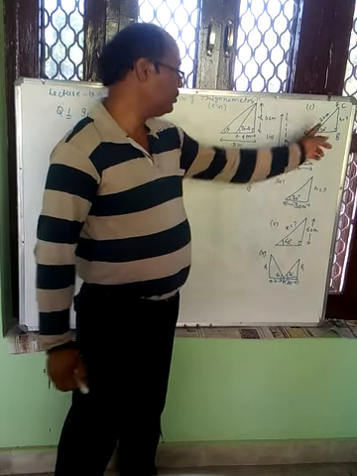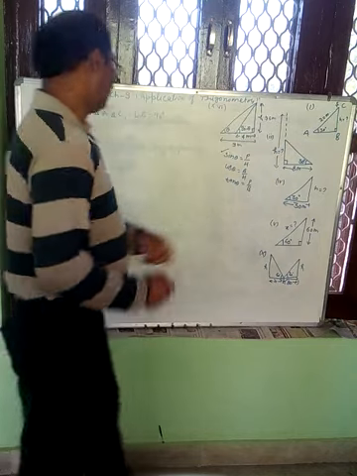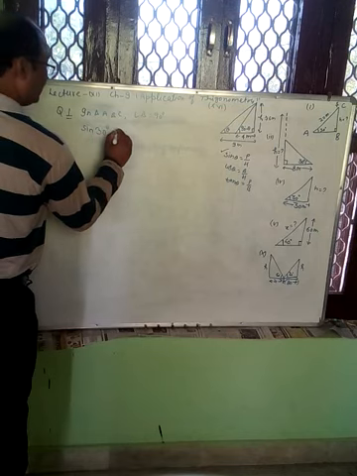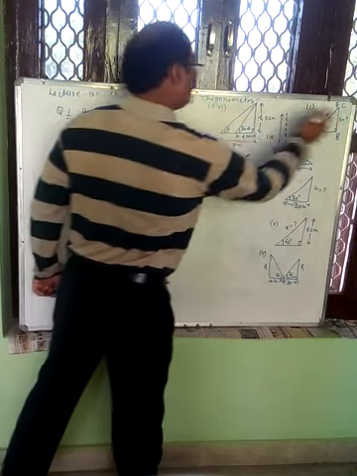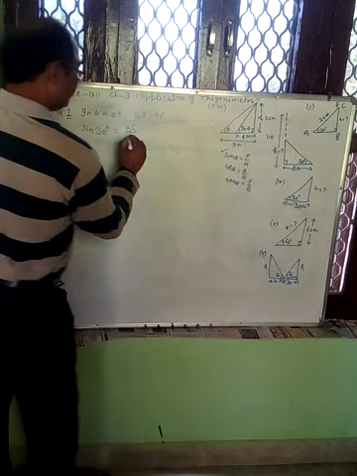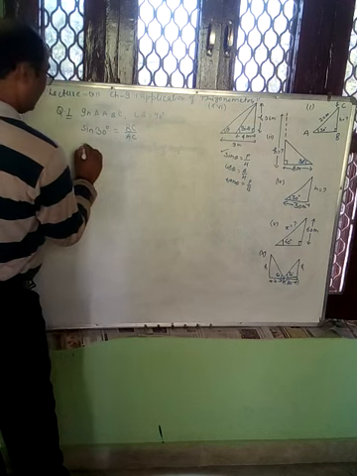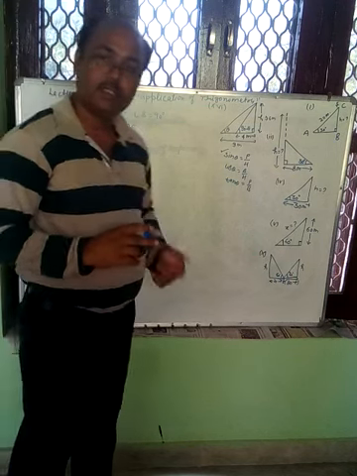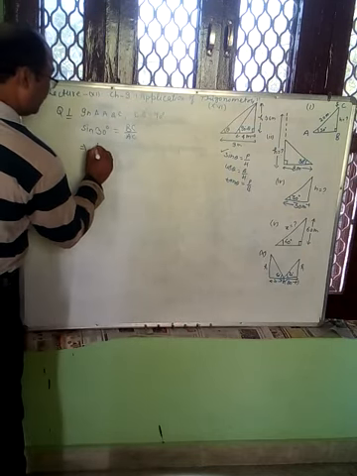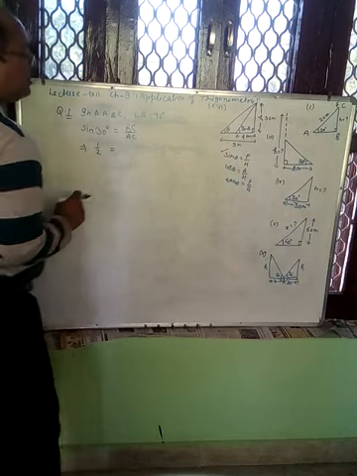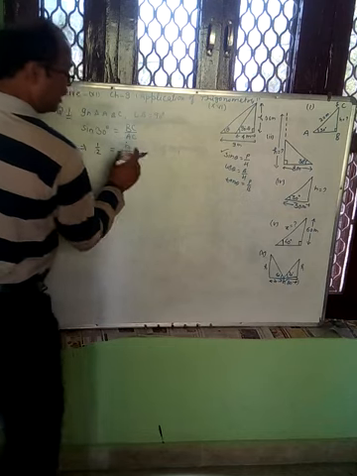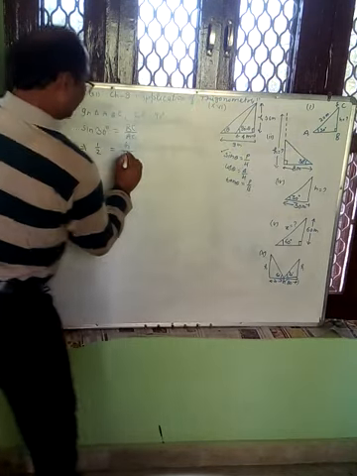Sine theta is equal to perpendicular upon hypotenuse. It means sine 30 degrees is equal to perpendicular BC upon AC. Sine 30 is 1 by 2, as already discussed in chapter number 8. So 1 by 2 is equal to BC, which is h, upon AC, which is 20.